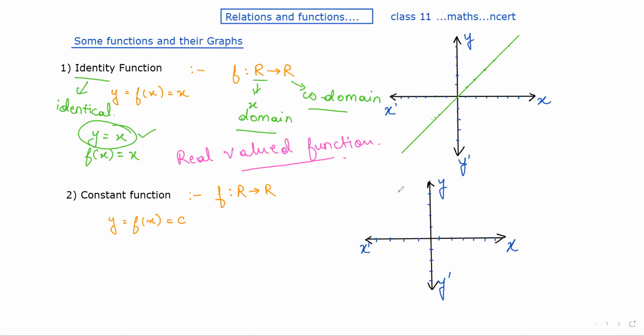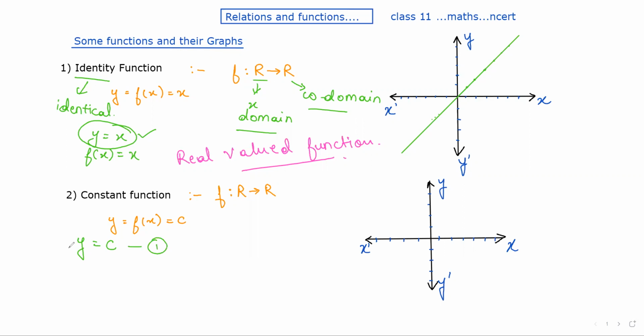Next, the second type is the constant function. Again, the name itself states that something is to be constant. Now, we are considering y equals constant. Let's denote that particular constant by C. C can hold any value, but for one equation, C will have only a single value.